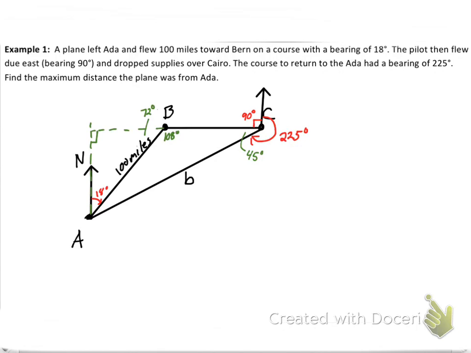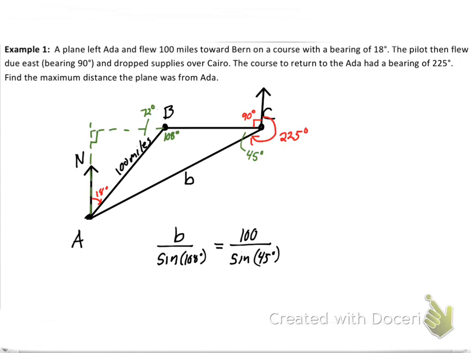Now we're going to use the law of sines to find a side, so that means I'm going to put the sides on top. I'm looking for B. Well, B relates to the sine of 108 degrees, the same way side 100, the 100 miles, would relate to sine of 45 degrees because they're right across from each other, right?